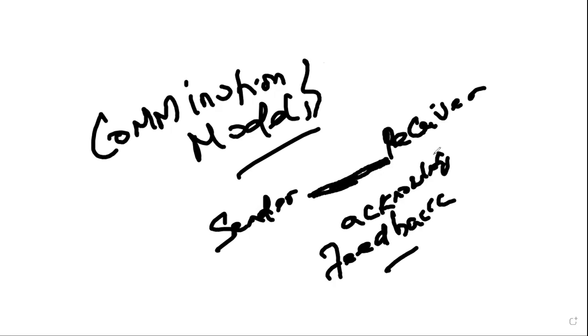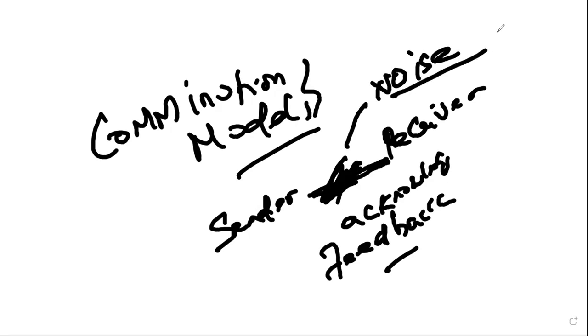Right? So once you are selecting your communication models, you need to make sure that the sender and the receiver use a medium, and this medium should not be interrupted. The interruption is called noise. The communication is interrupted between the sender and receiver.